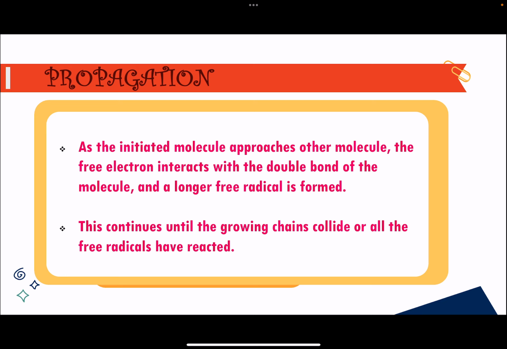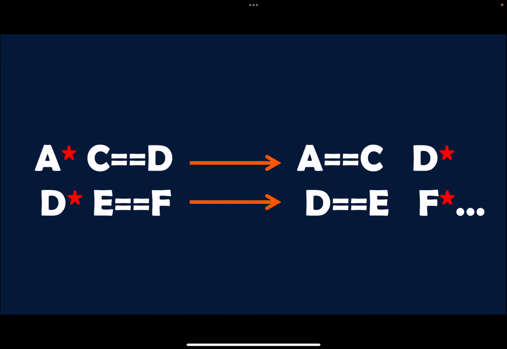As the initiated molecule approaches another molecule, the free electron interacts with the double bond of the molecule and a longer free radical is formed. This continues until the growing chain collides or all the free radicals have reacted. This is the example.